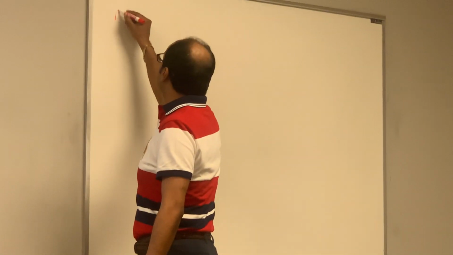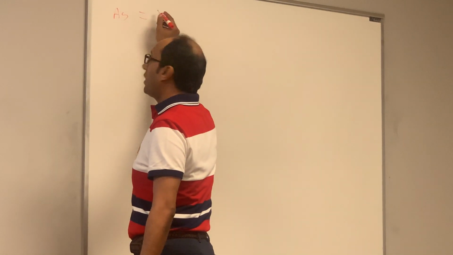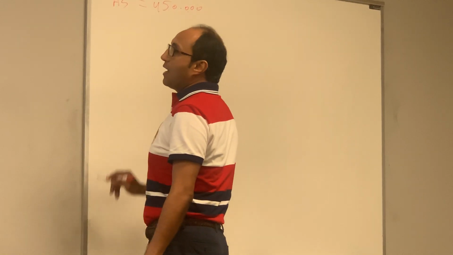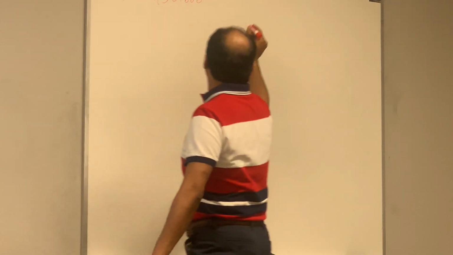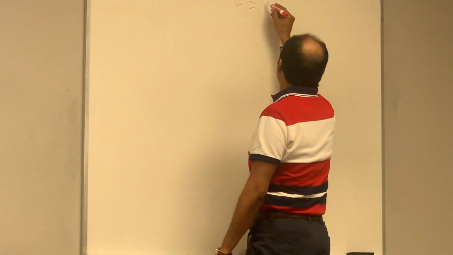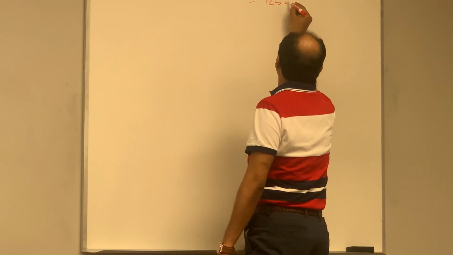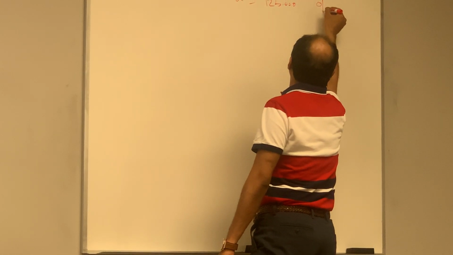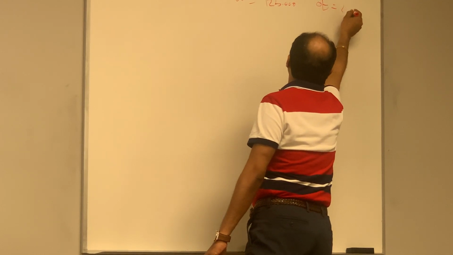So we have assets equal $450,000, and at the same time liabilities give us $125,000. We are missing owner equity here.